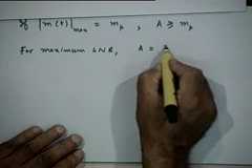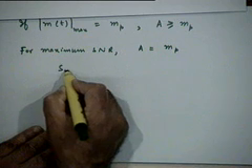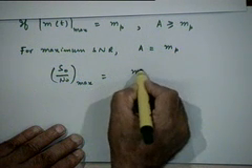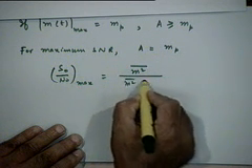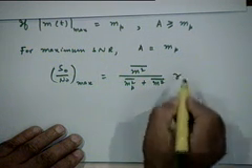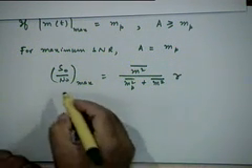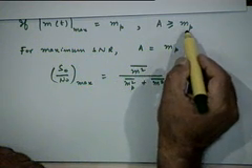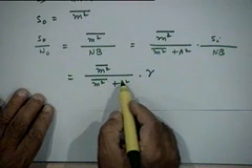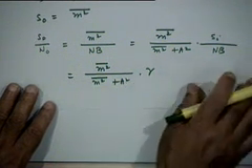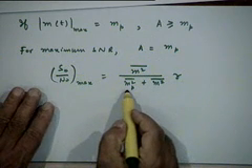A is equal to m_p, and your S naught by N naught maximum would be m square bar upon m square bar plus m_p square, upon m square bar, into gamma. So that is in terms of the peak value. A must be greater than or equal to m_p. Since A occurs in the denominator, you must choose the smallest possible value of A, right? And the smallest possible value of A is m_p. That is what I have done.